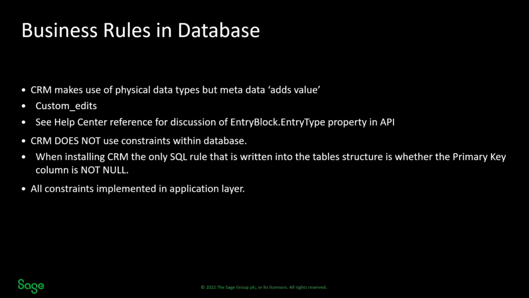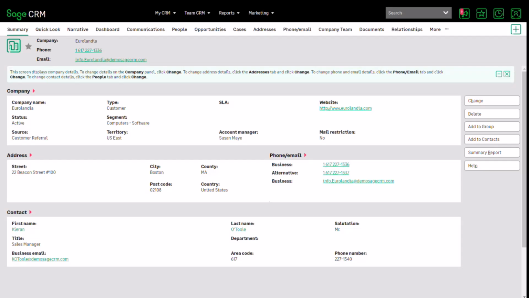So as we move on and look at a screen, here you can see that I've opened the company summary screen. The company summary screen is obviously a screen that everyone will have seen. I'm looking here at Eurolandia's data, and Eurolandia is a company which has got lots of different cases and opportunities associated.